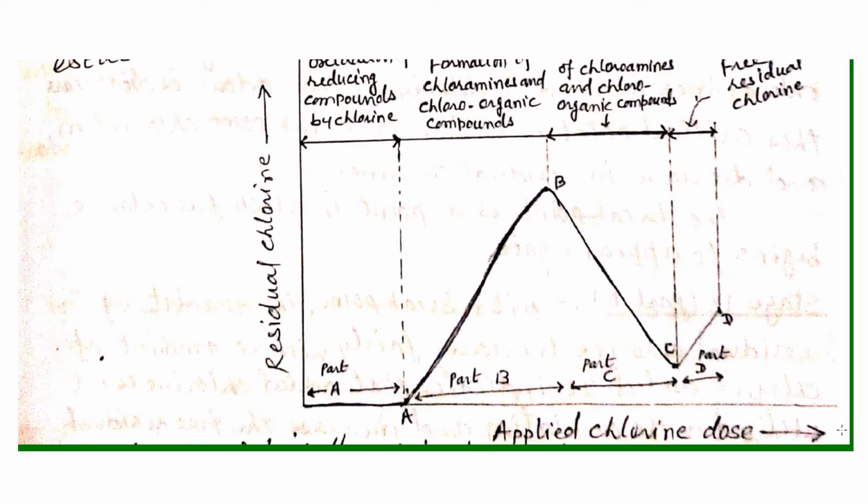So after reaching breakpoint chlorination, some amount of chlorine is added, up to 0.2 ppm at the maximum. What will this 0.2 ppm chlorine do in the water?